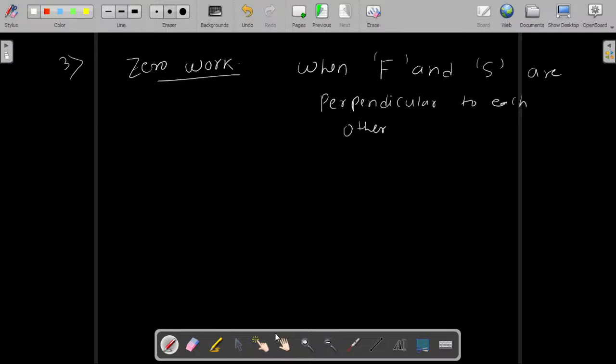So again you draw a diagram. Suppose this is Earth. Draw it. And around Earth there is an orbit where satellites revolve around the Earth. So this is the orbit where satellites can revolve.